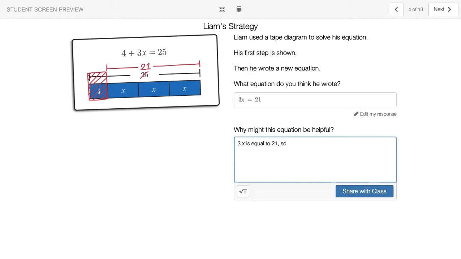So each of the x's must be equal to 7. All right, next slide.